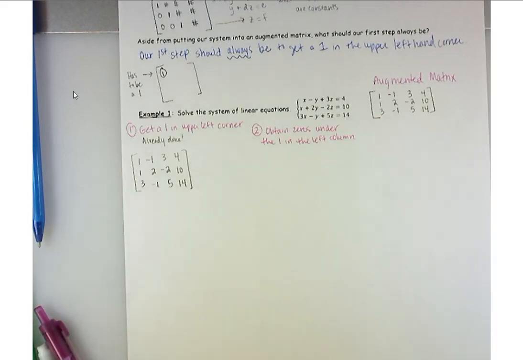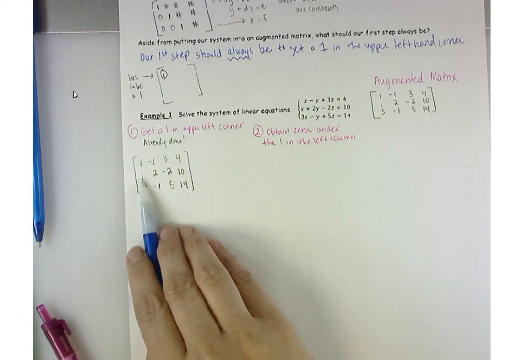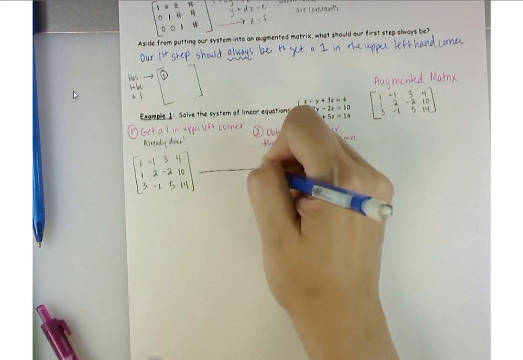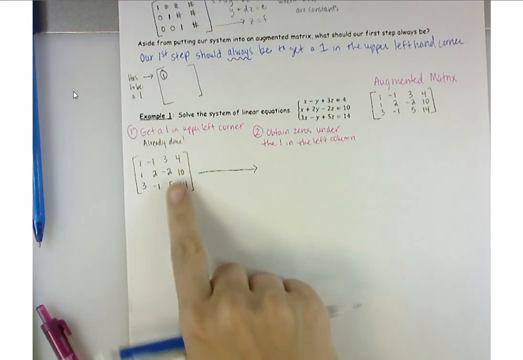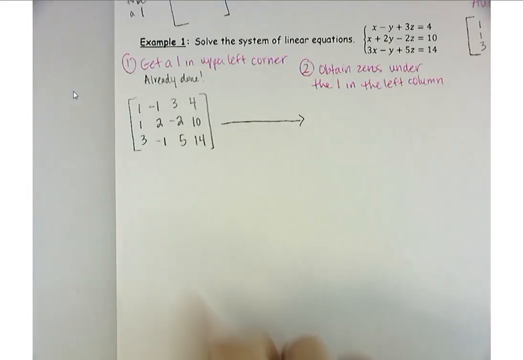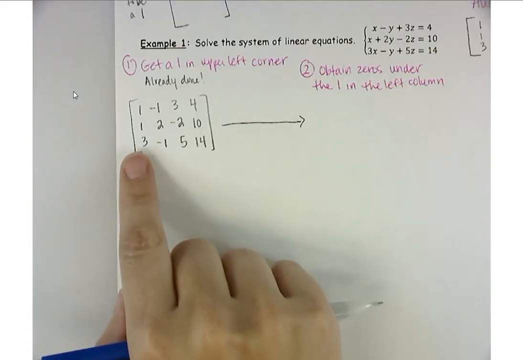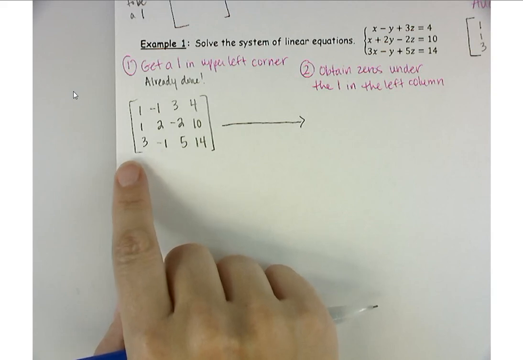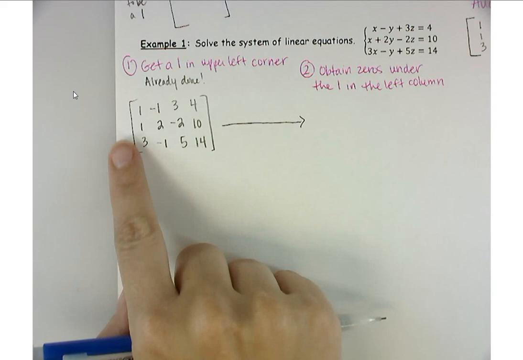Okay, so the first one we're going to work on is the one in row 2, column 1. So let's think about how we can use our elementary row operations to get a 0 underneath the 1. Do you guys already have some thoughts? So we have to cancel out this 1.